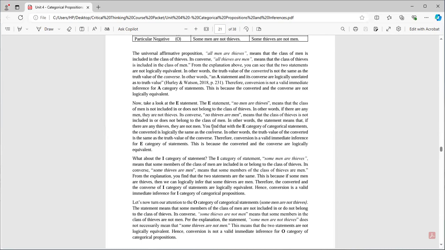You get it? Yes, sir. Or if you say some men are not tall people, it does not mean that some tall people are not men. Do you get it? So they are not the same. Yes, sir.